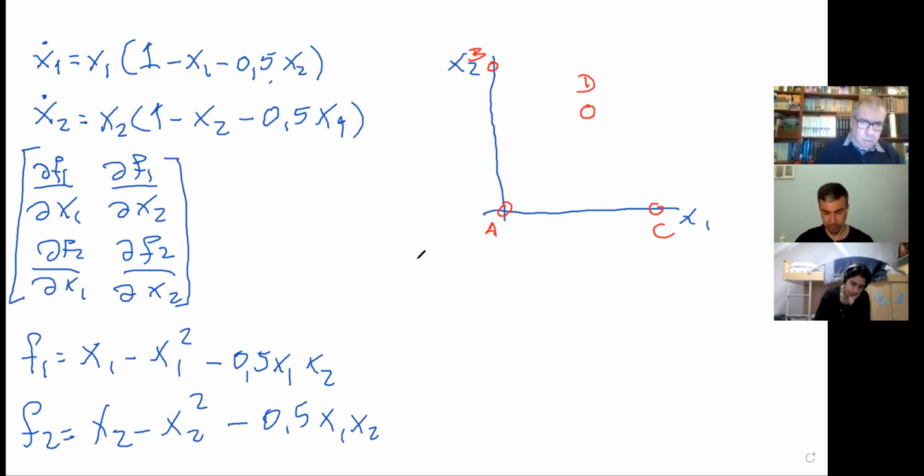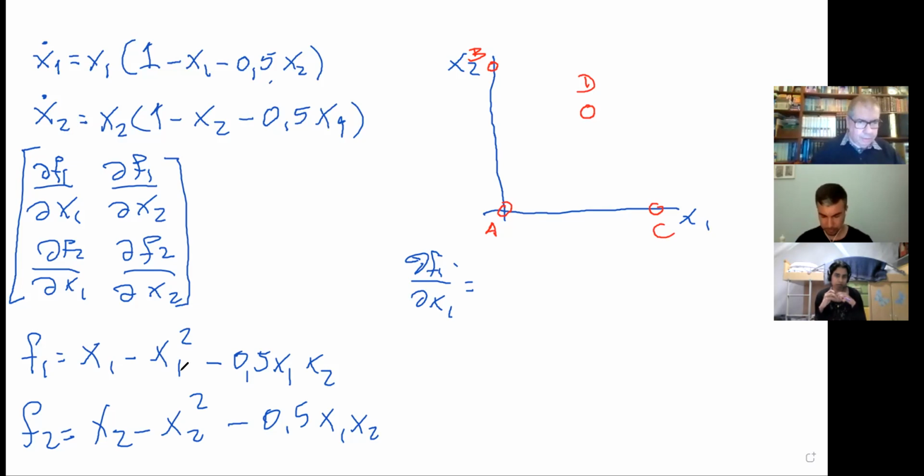So the df1 dx1. So the f1, the x1 is what?